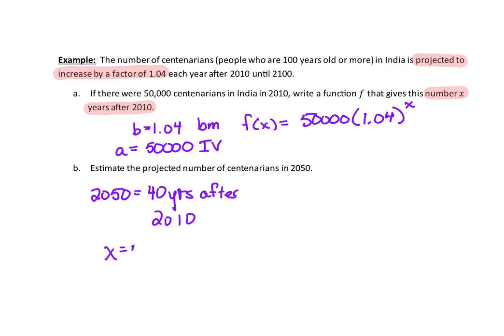So x is going to be 40. All right, so if we plug this in, we get 50,000 times 1.04 raised to the 40. And from here, this is a calculator problem.